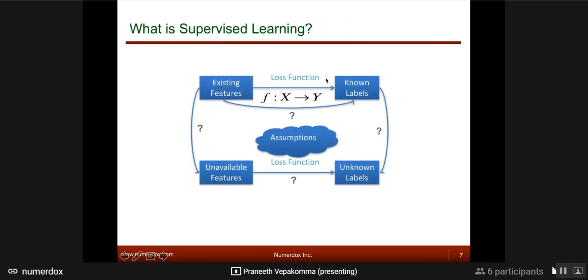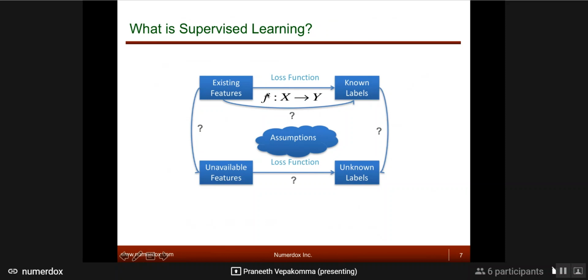Supervised learning, we've seen this a little bit in the first class, when we discussed different paradigms of machine learning, like supervised, unsupervised, etc. So here the setup is basically you have a set of features x, and a set of known labels corresponding to those features. So this is a training set. I gave you emails and some labels corresponding to those emails as being spam or no spam.